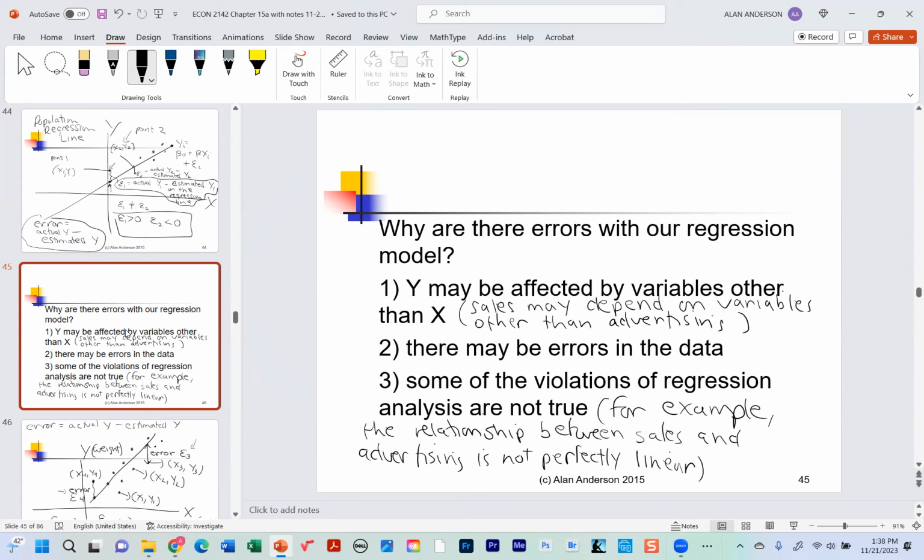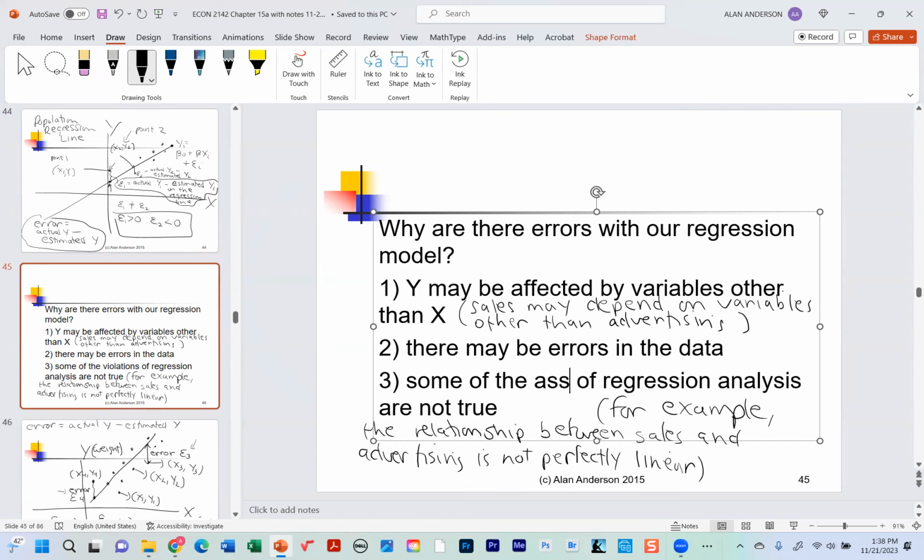Number three, some of the assumptions that we're making when we do this are not true. For example, what if the relationship between sales and advertising is not really perfectly linear? Let's say that up to a point it's true.